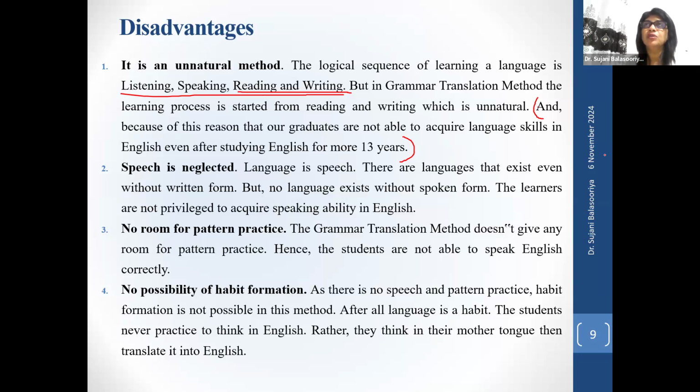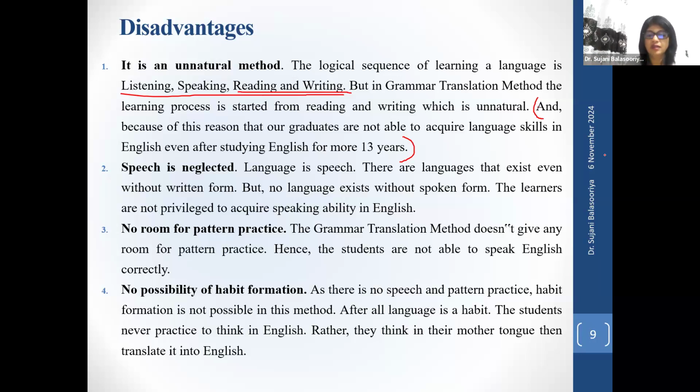Then only do you identify some frequently used patterns, right? And then you get familiar with them and you start using them in your next opportunities where you have to speak the language. So that kind of scenario is not available here because there is no chance for the oral aspect, for speaking.